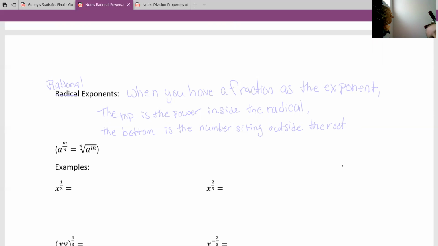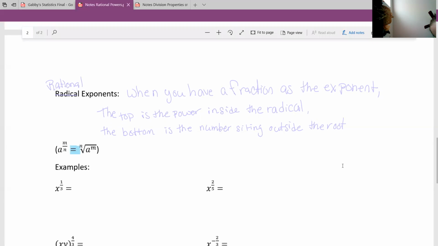So looking here, we notice the top m becomes the power inside. The bottom, the n, sits as that little number sitting on top of the radical. So the 2 for a square root, the 3 for a cube root, the 4 for a fourth root.